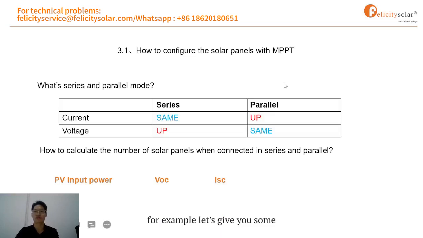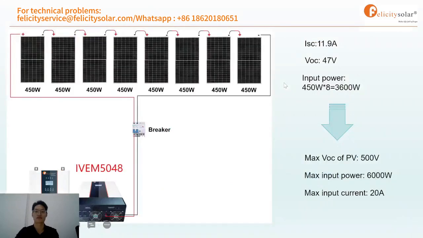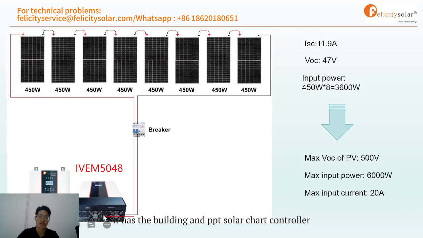For example, let me give you some examples. You can see from this picture, this is the IVEM, our inverter. It has the built-in MPPT solar charge controller, and the right side is the basic data of this system.